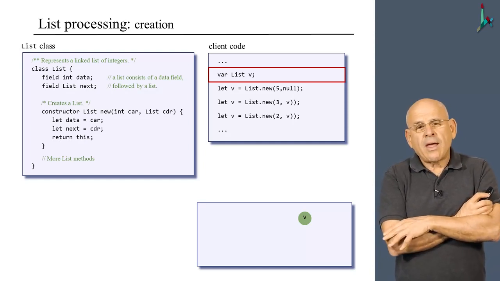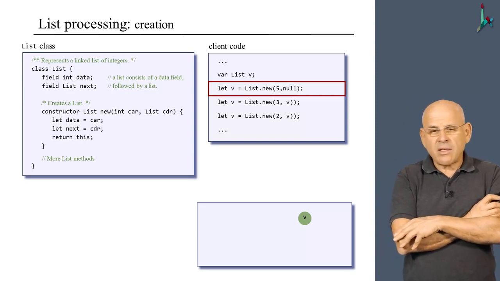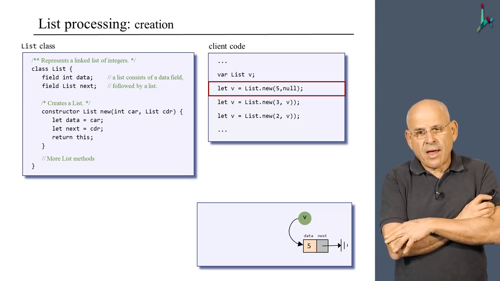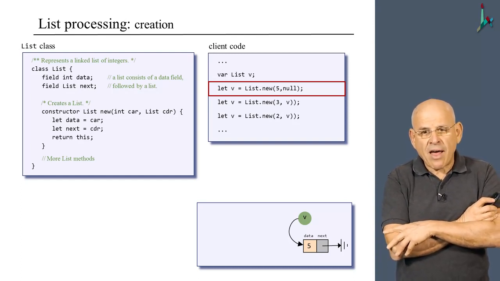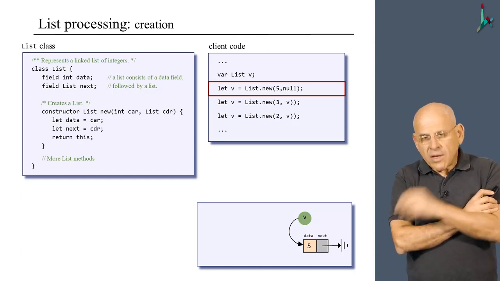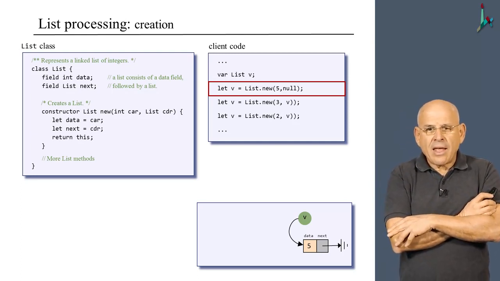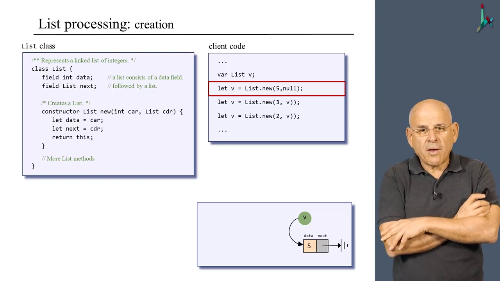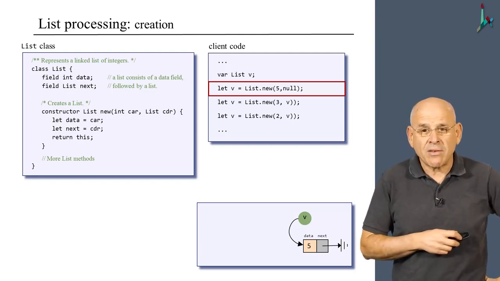And then we invoke the list constructor, and the list constructor is going to come back with a block of memory that represents the number 5 and null. Notice that we use this terminator icon to describe null. And v is going to point to the base address of the object that was returned by the constructor.